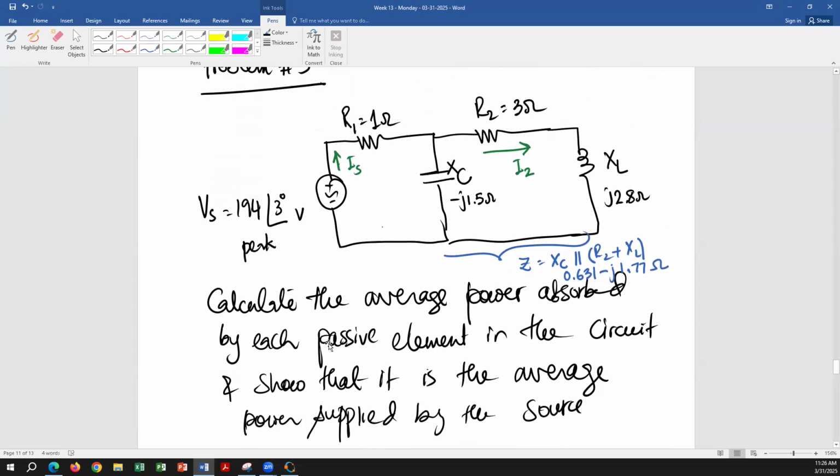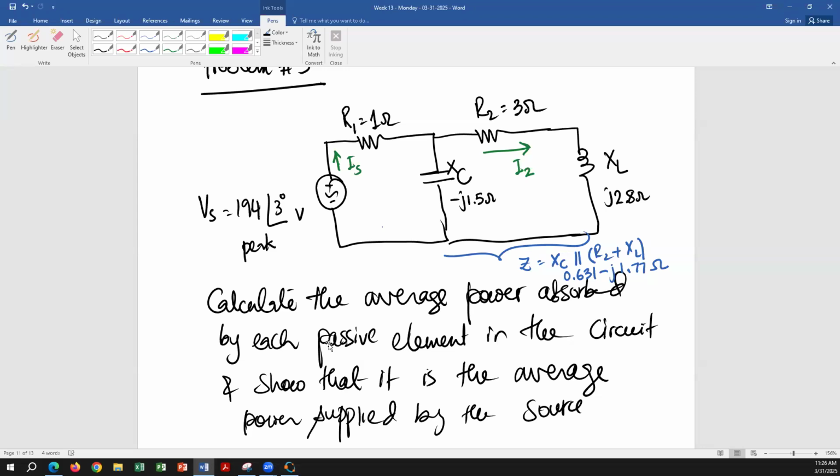It's going to be the same phase in R1 and R2 because it's a resistive component. So the phase difference is 0, sine is going to be 0, and cosine of 0 is going to be 1, so no reactive power. And the opposite is going to be true in XC and XL. Current and voltage are going to be 90 degrees apart.